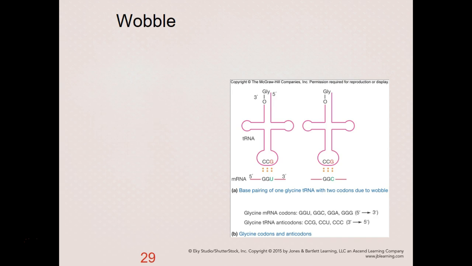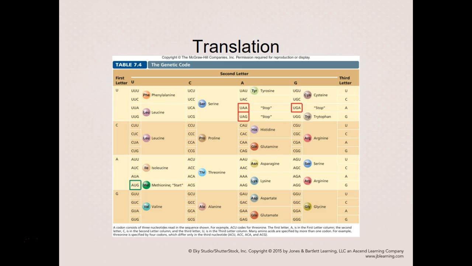And so let's look back here really quick. Here's an example, isoleucine. Isoleucine has A and U in every single case, but the last letter, U, C, and A, differ, but they all still code for isoleucine. Another example, threonine.